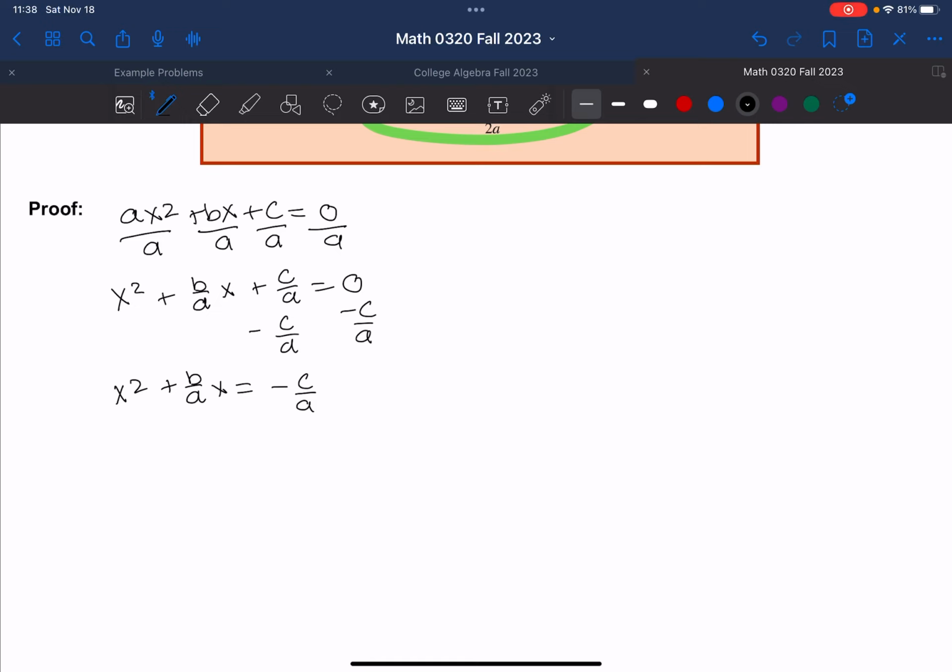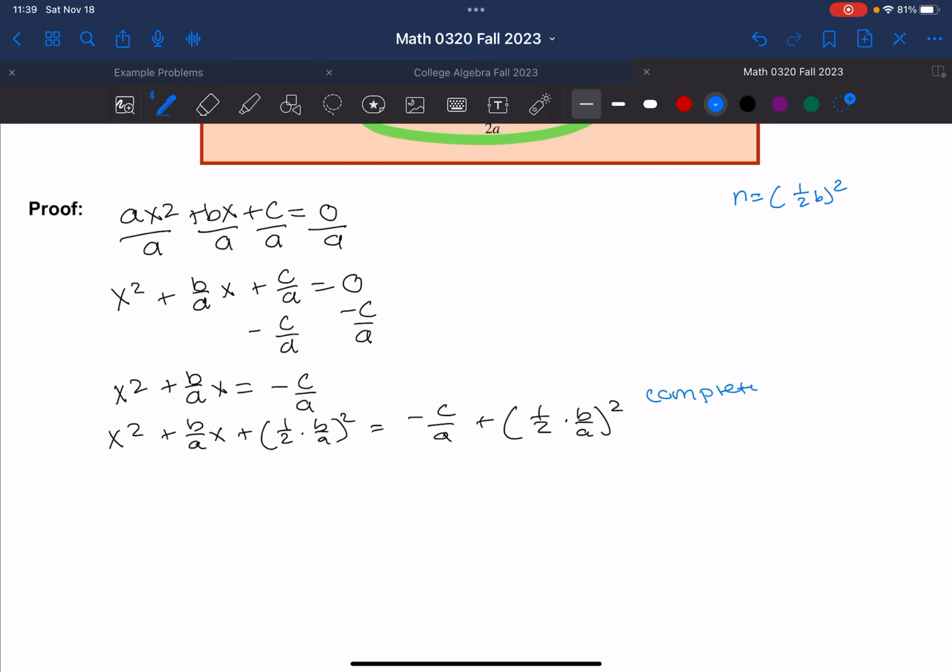And remember what completing the square was, is that we had the formula for our n value. I'm going to write this off to the side, that it was 1/2 b squared. So in this case, our b value is that b over a. So what they did is they did x squared plus b over a x plus 1/2 times b over a squared is equal to negative c over a. And remember, they had to add it over to the other side as well. So this right here, they did completing the square.